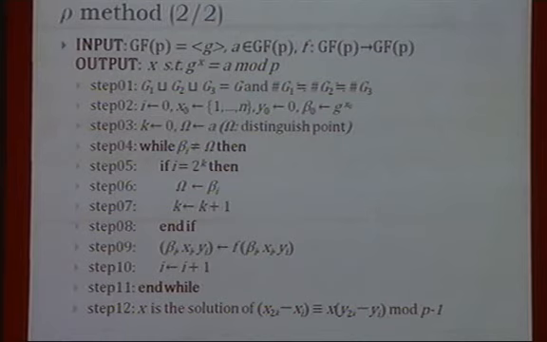Okay, and so this is a very basic scheme proposed by Pollard, and after that there are many improvements on this scheme. For example, in the elliptic curve case, we have some special efficient maps like the Frobenius map or other maps.